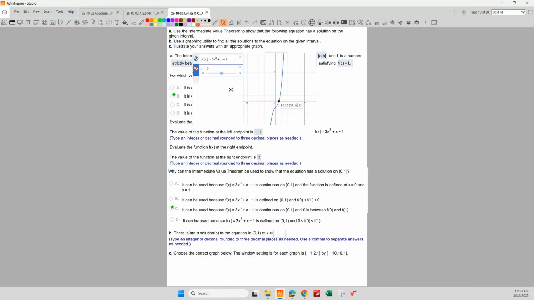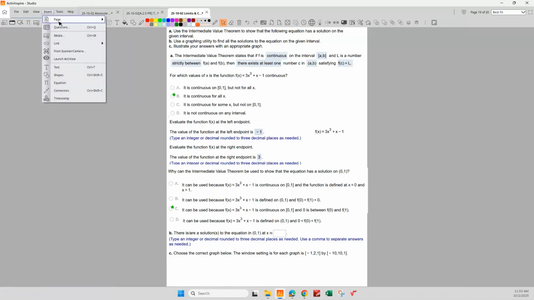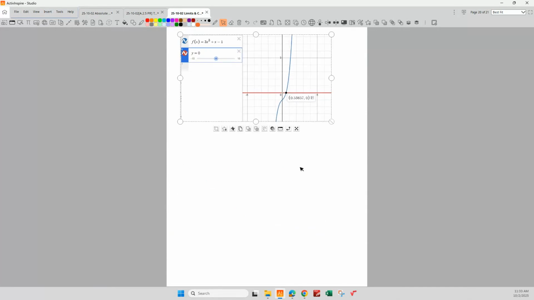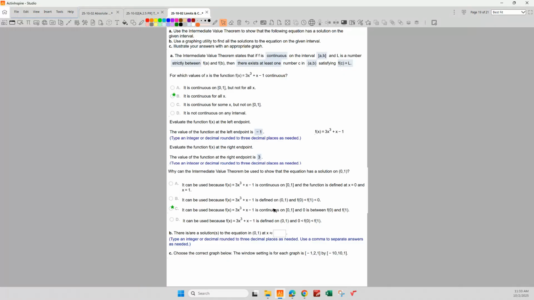I'll put that on the next page. And so it would have been 0.537. There it is, 0.537.